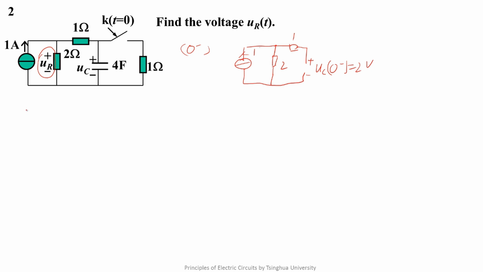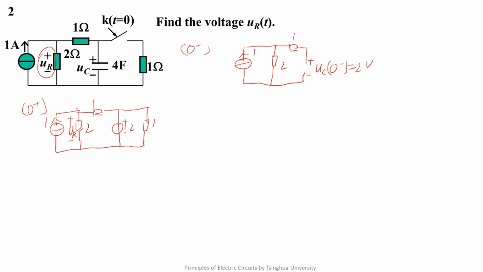In order to solve UR(0+), we need to draw the 0+ equivalent circuit, in which the topology is changed and the capacitor voltage is substituted with a voltage source of the 0- value.